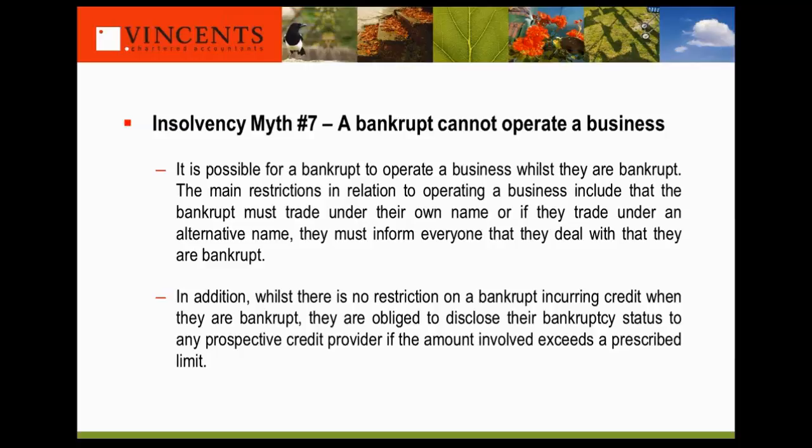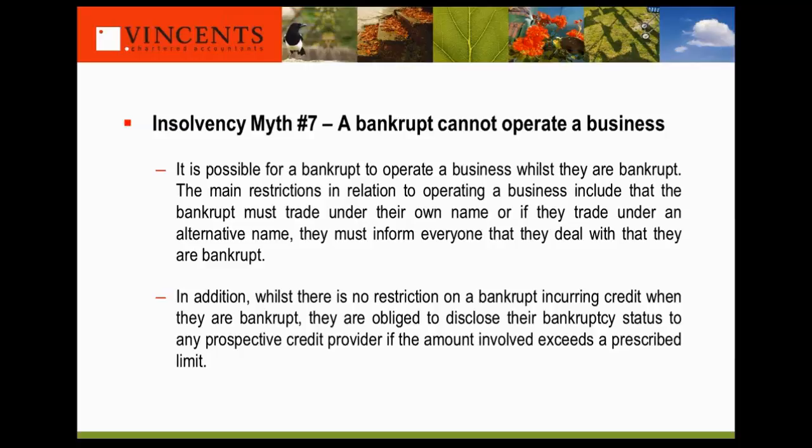As well as the above, there's also no restriction on a bankrupt actually obtaining credit. The only obligation that they have in that regard is if they are seeking funding from a credit provider, that if the amount that they're seeking exceeds the prescribed limit, which is currently $5,360, they are required to disclose to that financier that they are an undischarged bankrupt.